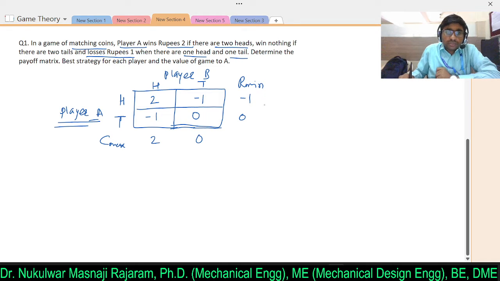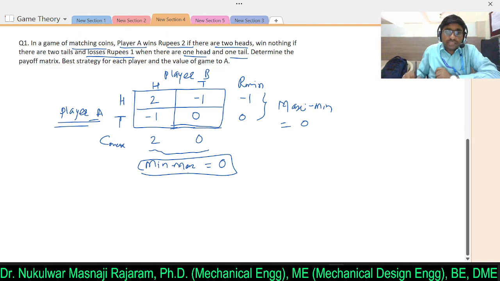Clear? Now if you observe, the minimum values are -1 and 0. So from this we need to take maximin equal to 0. The maximum value is 0. Next, if you consider this one, minimax equals 0.